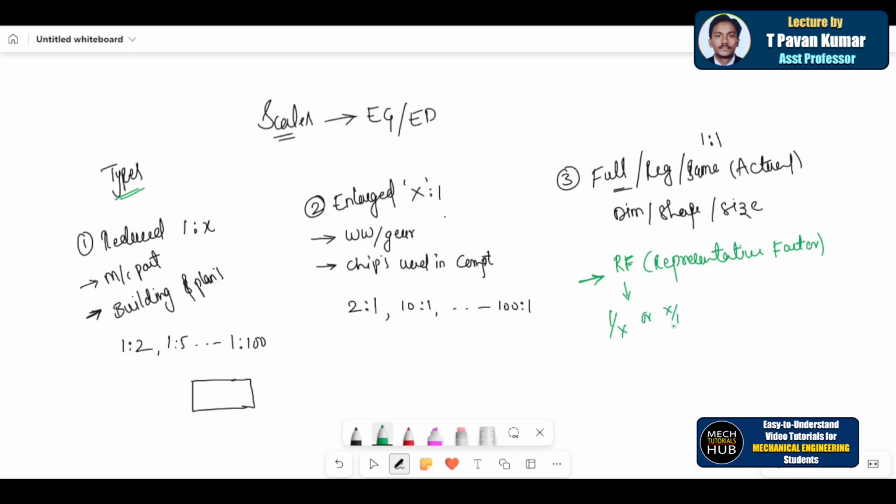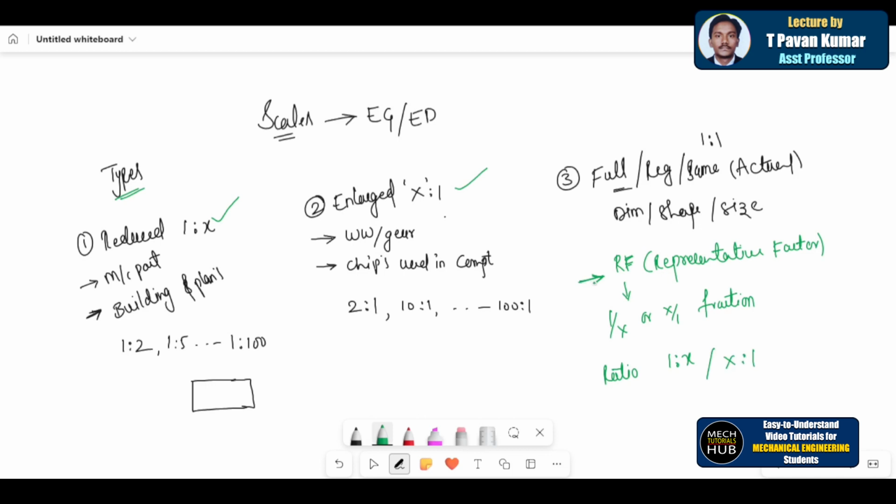But scale is always expressed in terms of a ratio. Maybe it could be 1:x as I discussed before, or else x:1. These are the things you need to remember.